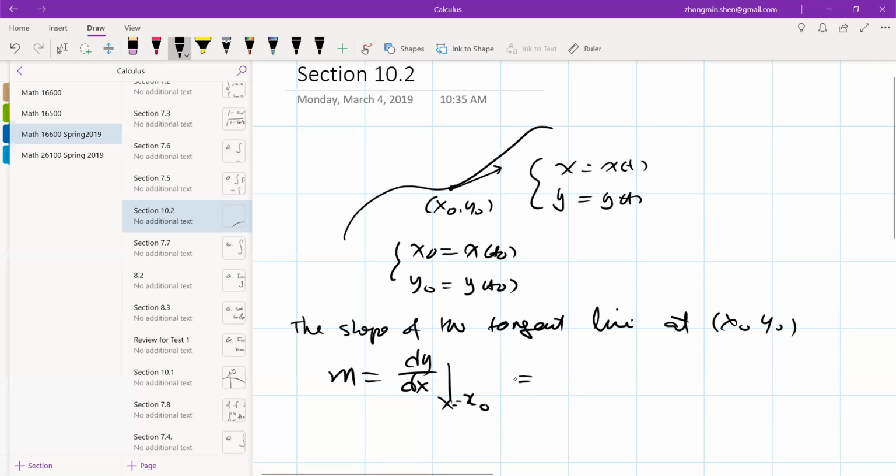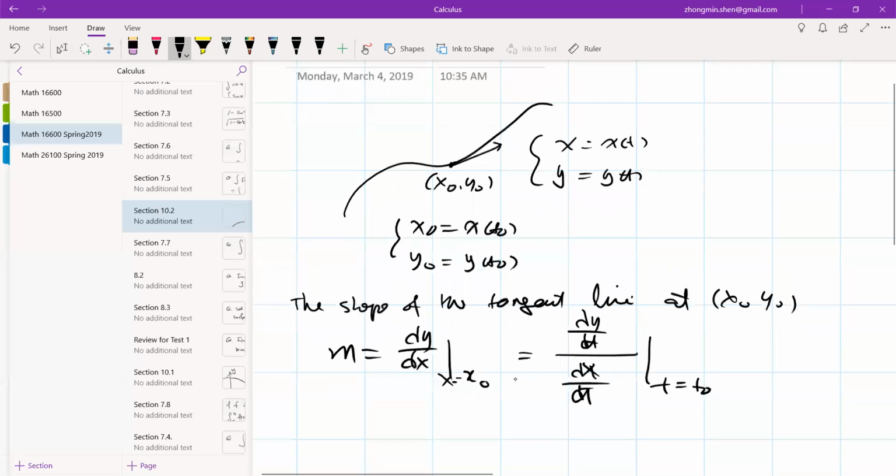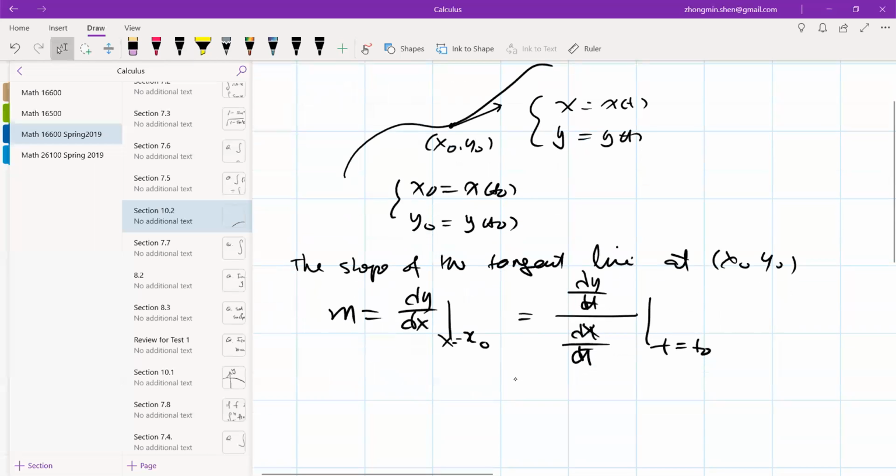Using the chain rule, this is going to be the ratio of these two derivatives, dy/dt over dx/dt, evaluated when t equals t0. So this is a simple form. Then you can find the equation for the tangent line.